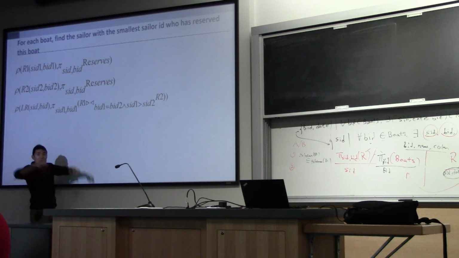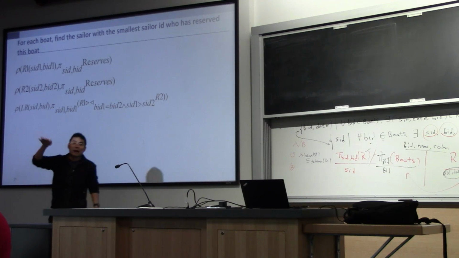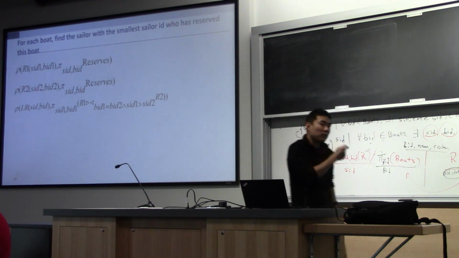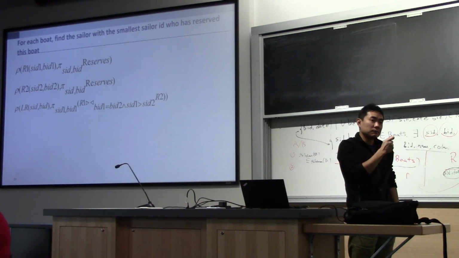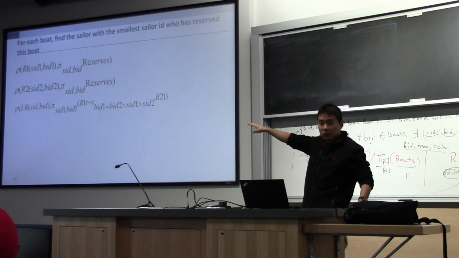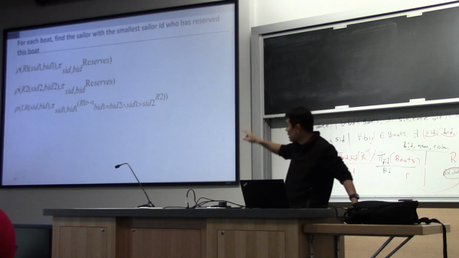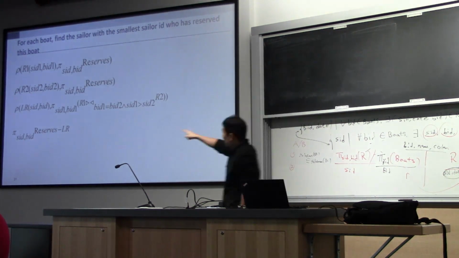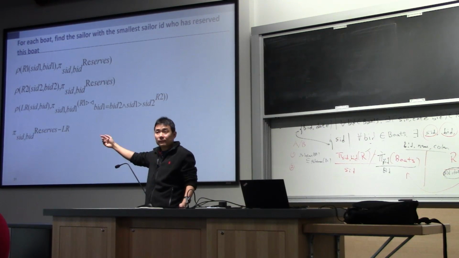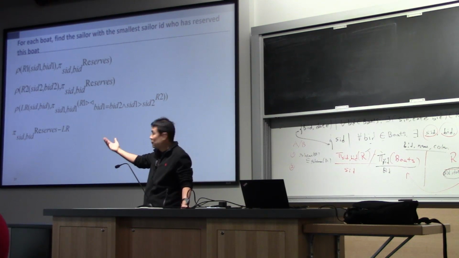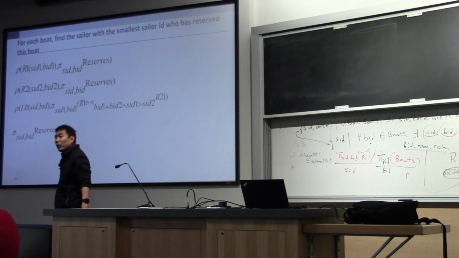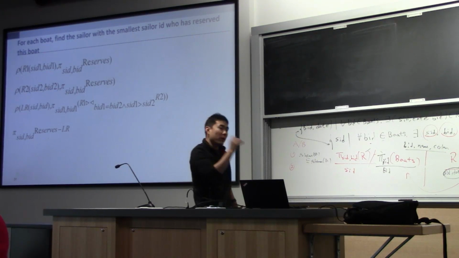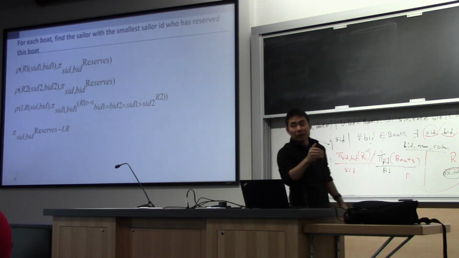This tells me all the sailors who reserve that boat, but the guy with the smaller CID. I call this LR, larger reserve: the ones with larger CID who reserve that boat. Then I take the entire instance and subtract away those. What do I get? For each boat ID, I get the smallest CID who reserves that boat ID.